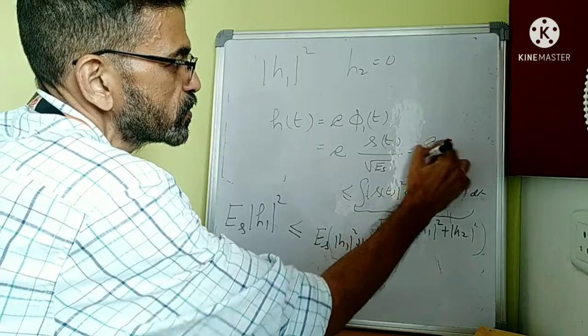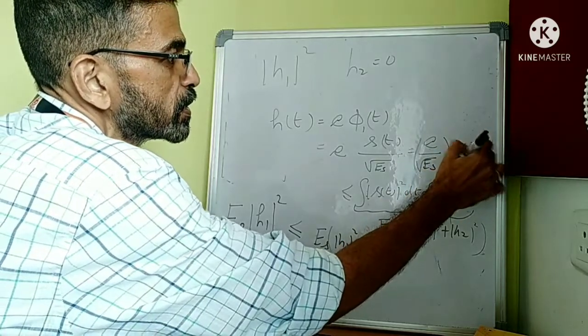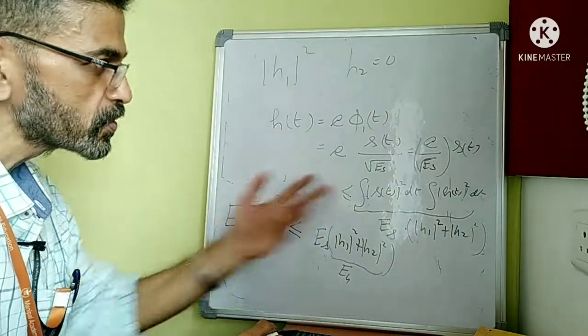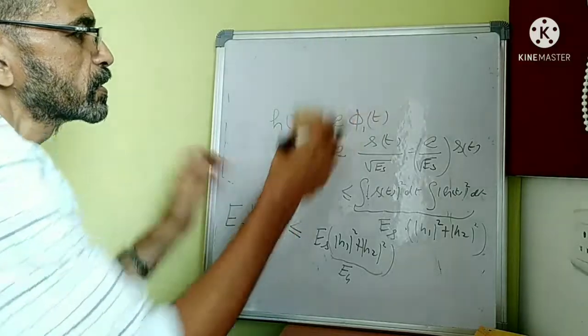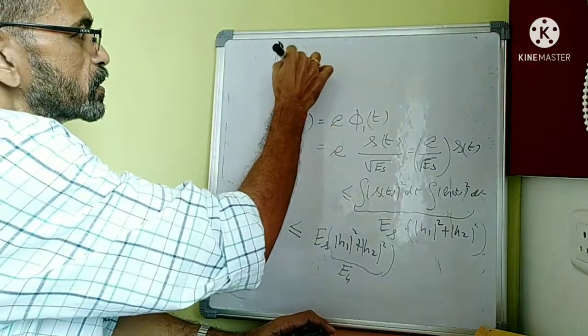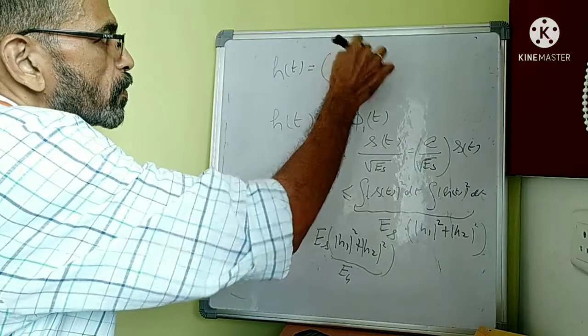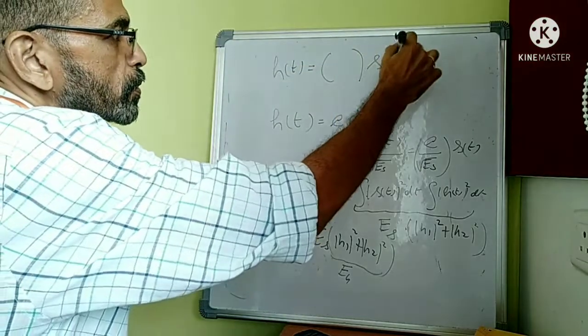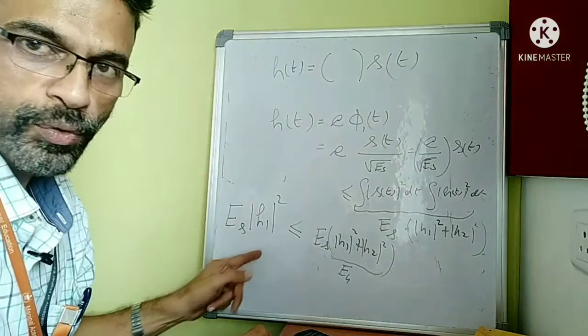That is C by root ES S(t), which is nothing but the fact that H(t) is a constant into S(t). When that is satisfied, only then the equality holds good.